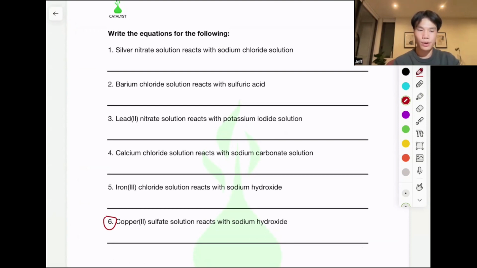So you now have no longer any excuse to not write states. And these all start as solution, so they all should say solution after them. Copper sulfate solution reacts with sodium hydroxide solution.